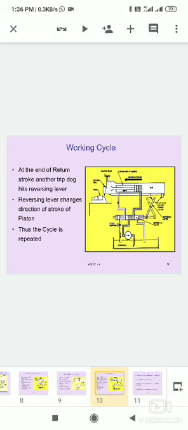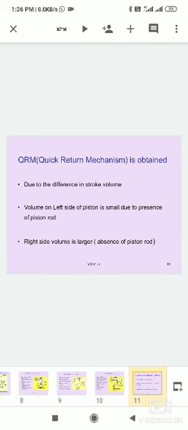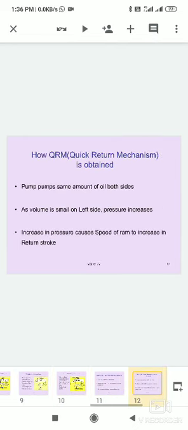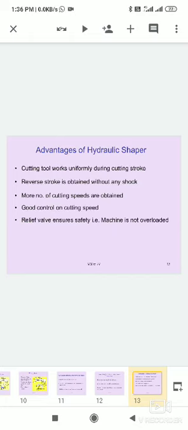The length and position of the stroke is adjusted by shifting the dogs. The cutting speed may be changed by regulating the flow of oil by means of a throttle valve.